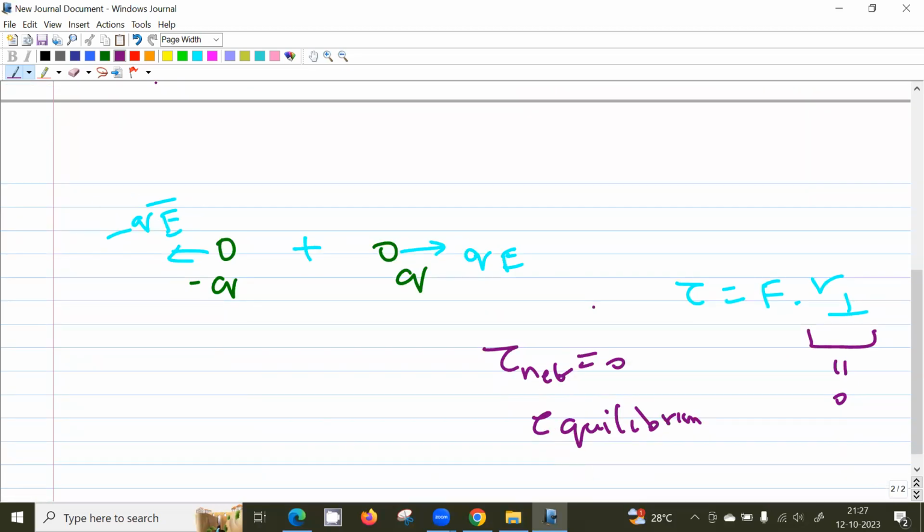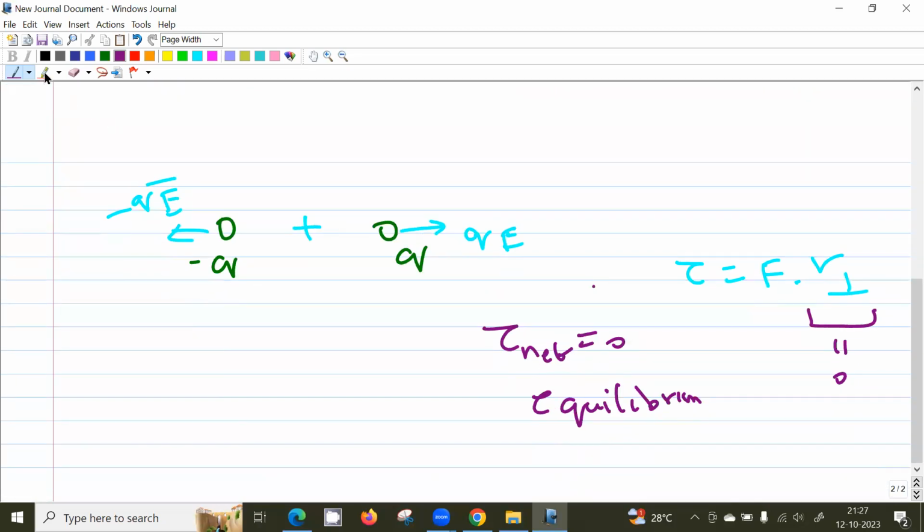From this position, if I displace this dipole a little bit on this side, I should figure out whether it will come back to the original position. When I displace it towards this position, plus q will be here, minus q will be here.